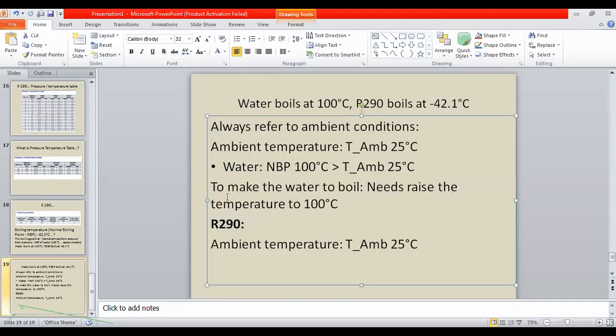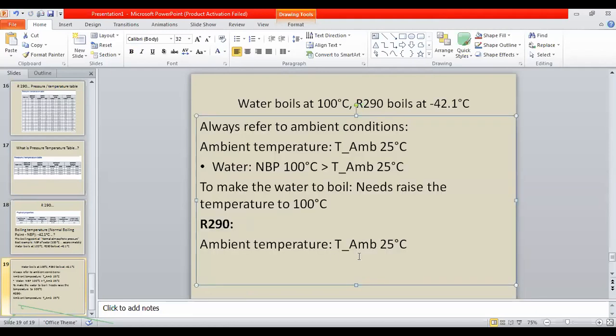Ambient means the environment. Parisa Rushnatthi කියලා කියන්නේ, in Sinhalese we call. So same ambient temperature. R290.